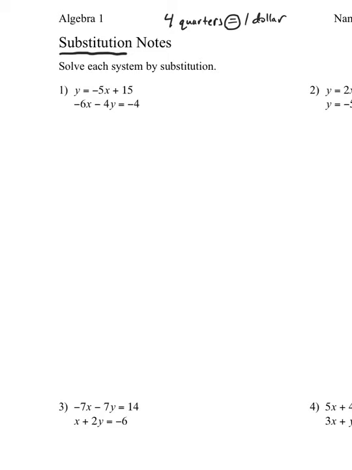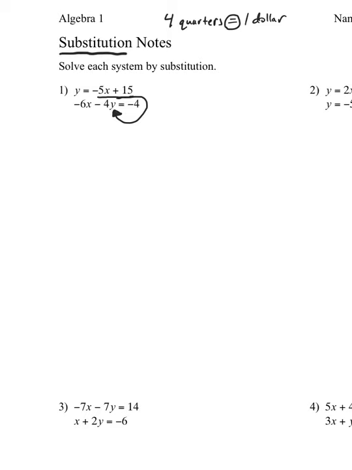So on that basis, if we look here at problem number 1, we say y is equal to negative 5x plus 15. We can substitute that negative 5x plus 15. We're going to take it and substitute it for y in the other equation.